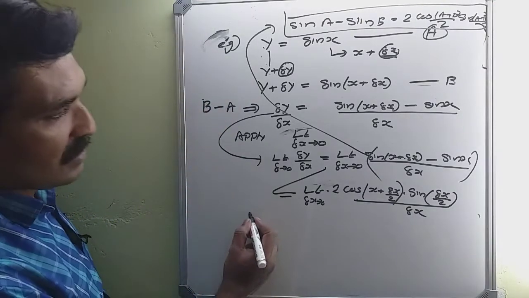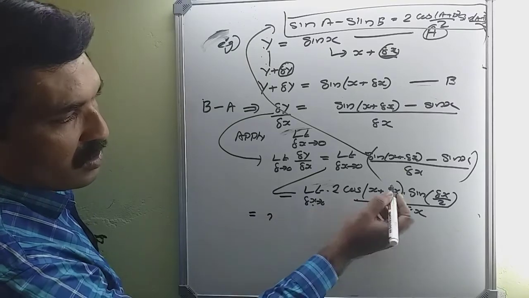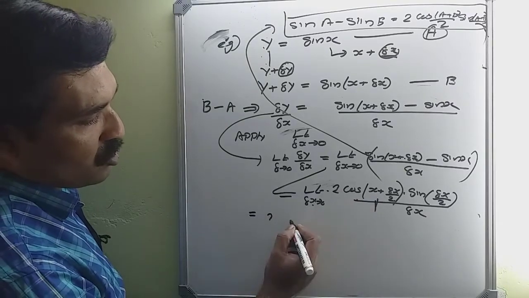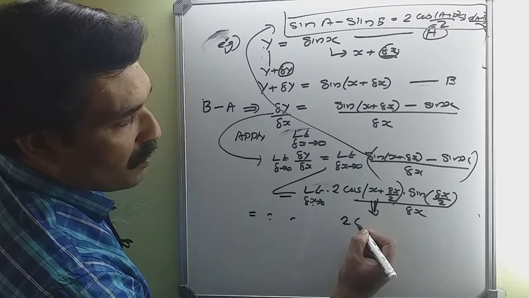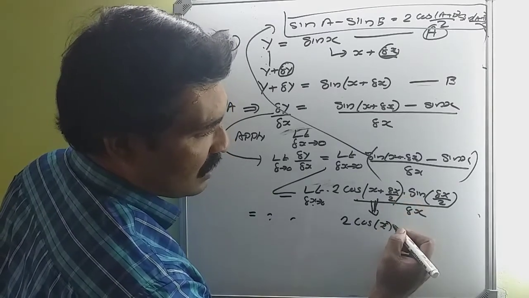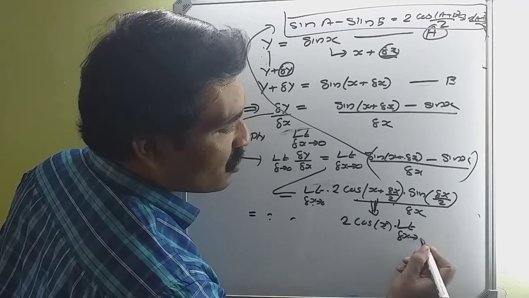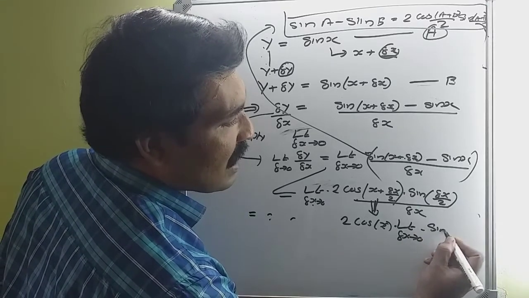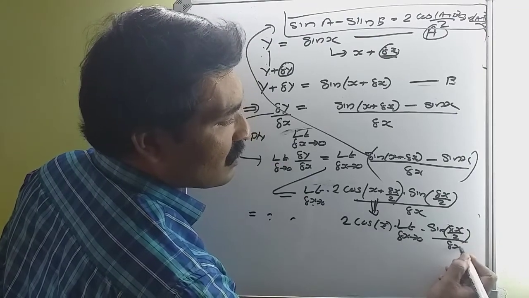Now apply the limit del x tends to 0. So this term becomes 2 times cos of x plus 0 by 2, that is cos x, into limit del x tends to 0 sin of del x by 2 by del x.